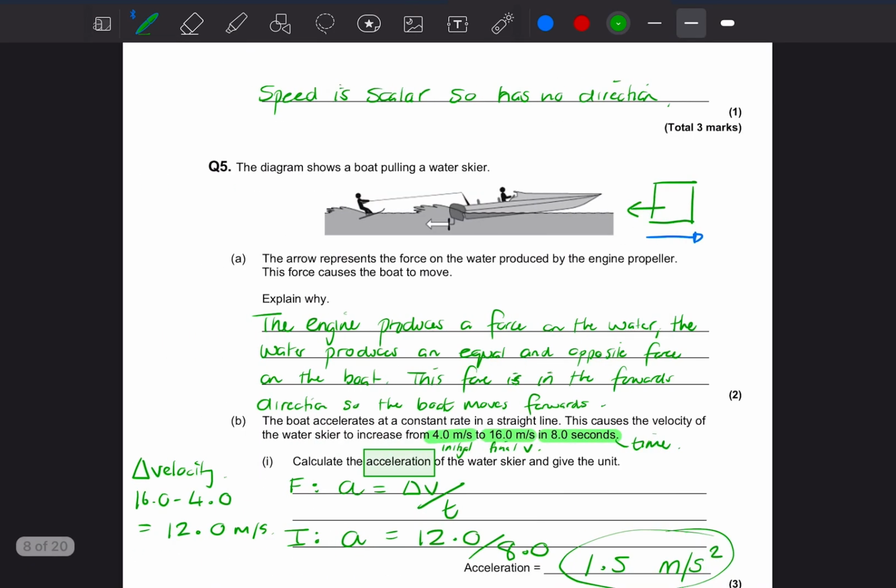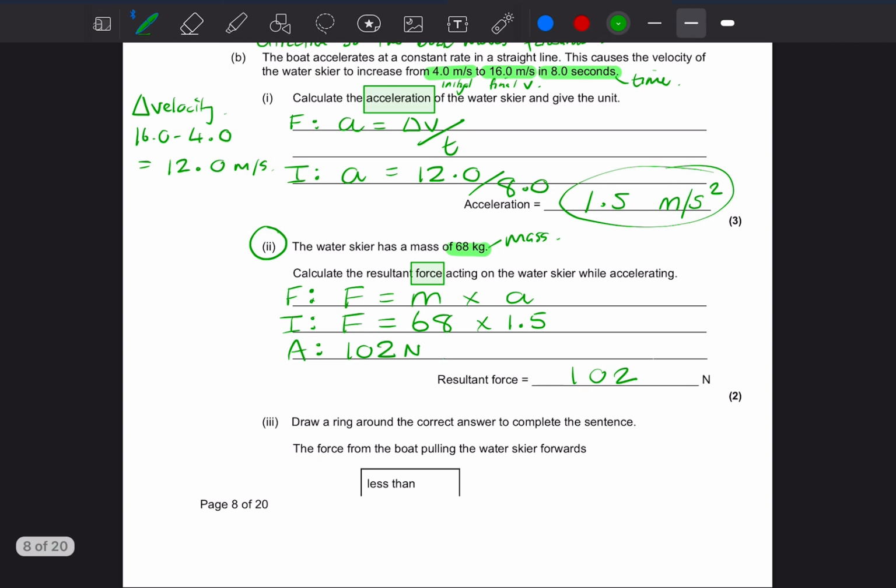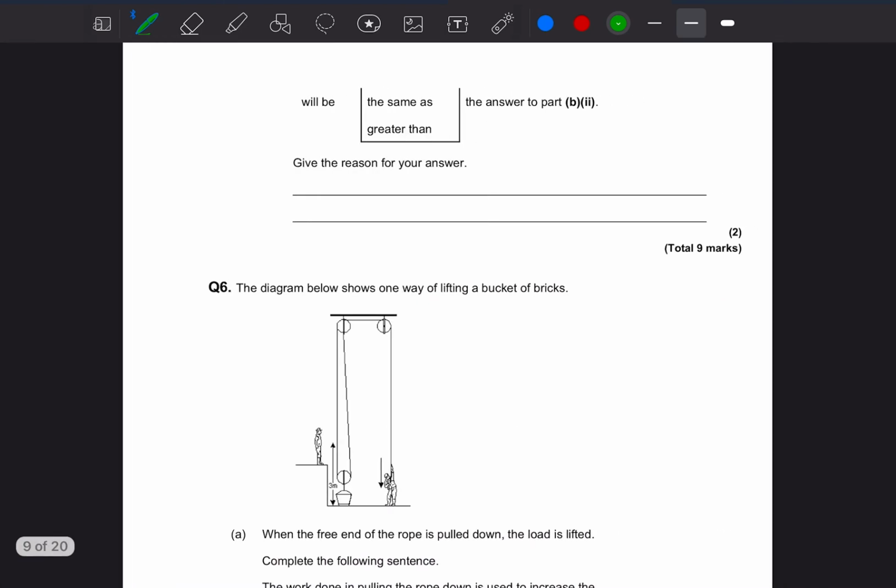Okay, last question. Draw a ring around the correct answer to complete the sentence. The force from the boat pulling the water skier forward. Now, this is just the format in the way it's come up on my iPad. It would be different on an exam paper. The force from the boat pulling the water skier forward is less than, the same as, or greater than the answer, part B. And then give a reason.